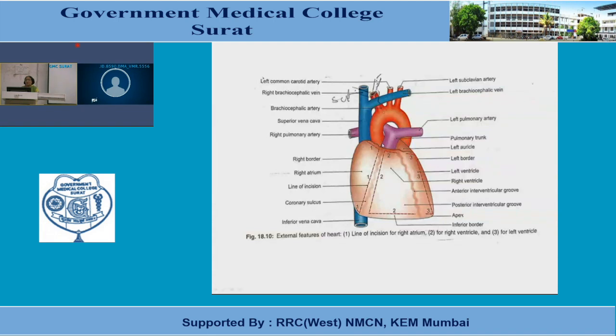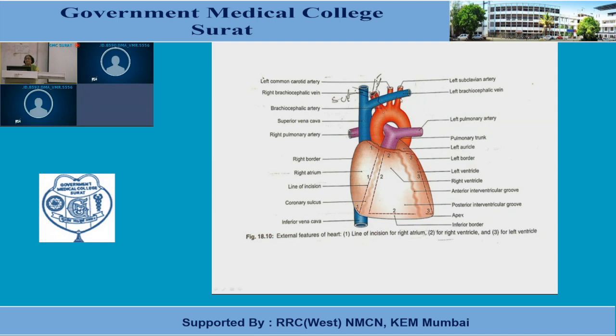The ascending aorta gives rise to the two coronary arteries through the aortic sinuses. Now you can see the arch of aorta gives the subclavian artery and the common carotid arteries, supplying the upper limb and head and neck respectively. Now this is the arch of aorta.